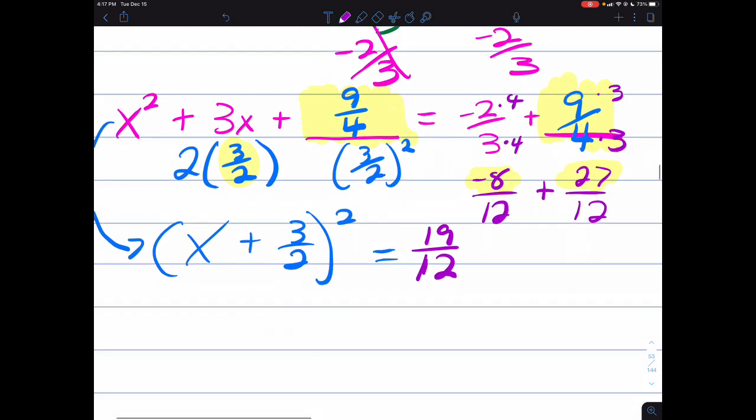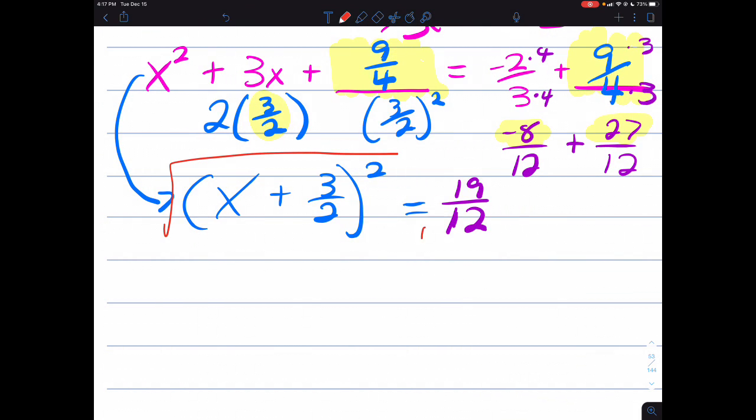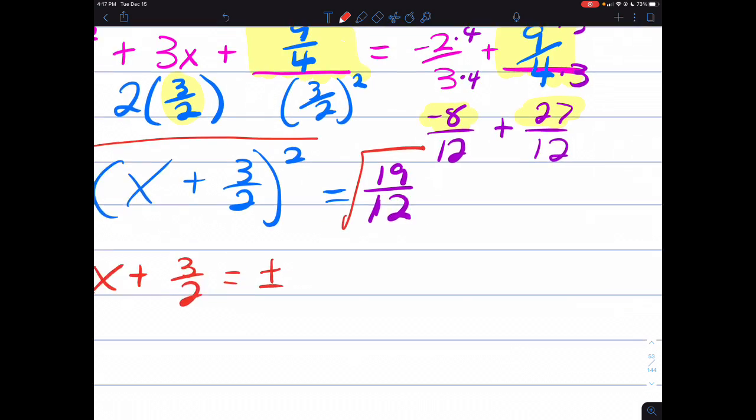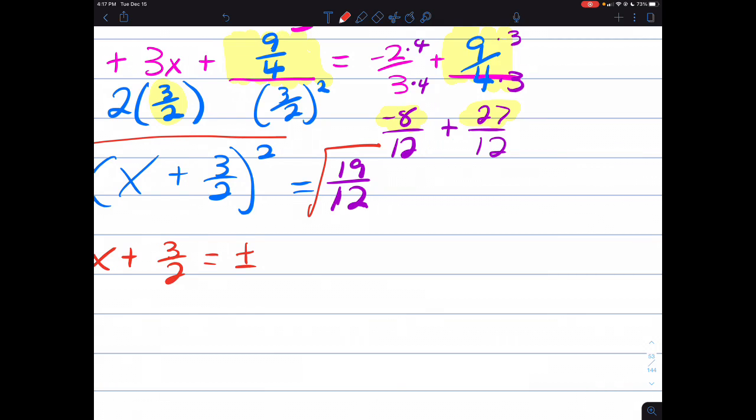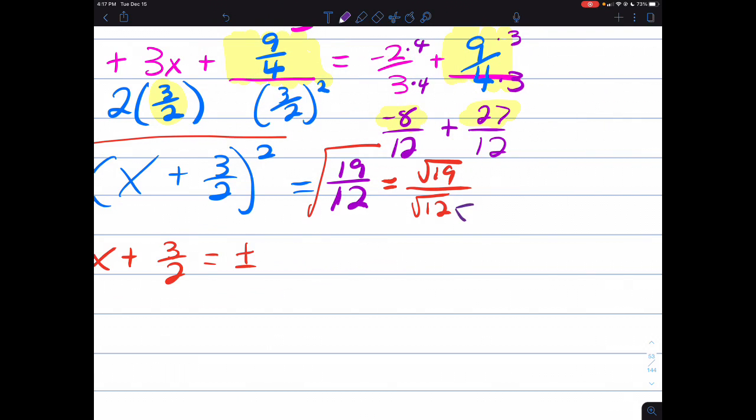Yeah. Okay, now we can take the square root. And I got x plus 3/2 equals plus or minus whatever this hot mess is going to be. So we have the square root of 19 over the square root of 12. So notice the 12 can be broken down into 3 times 4, and then 4 is 2 and 2.